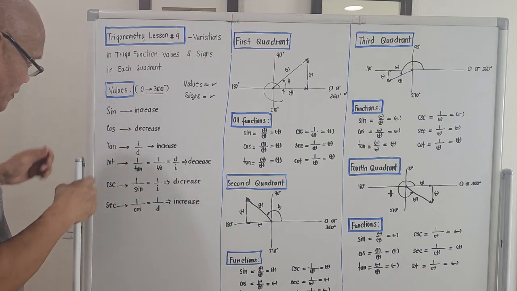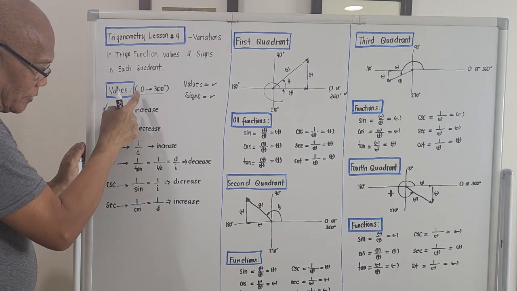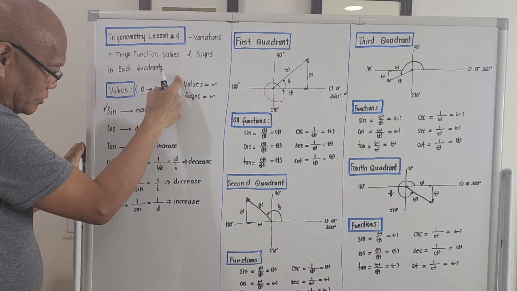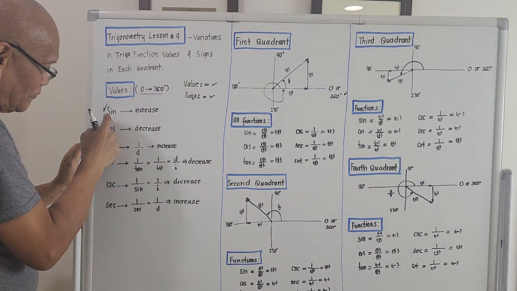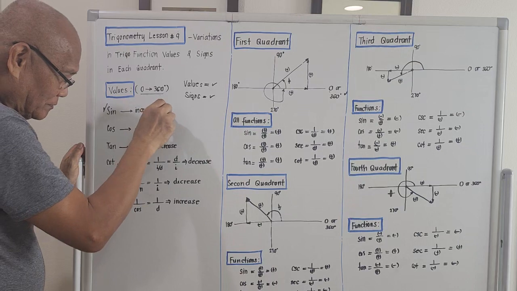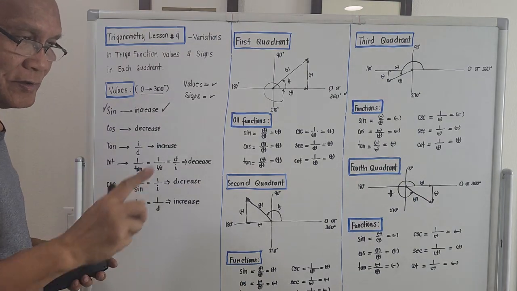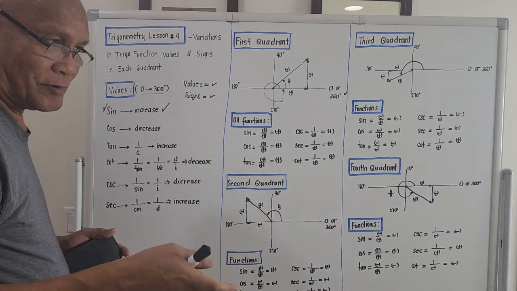Okay. For a sine function, if the angle increases from 0 to 360, how will the value of the sine function behave? It should increase. Like a special case, sine of 0 will be 0.